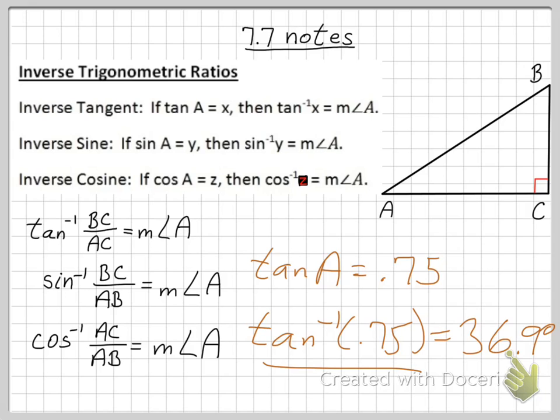So if you press the second button, then the inverse tangent button, and then 0.75, your calculator will tell you 36.9. You have to use your calculators to get these inverse ratios to find these angles. That's the only way we really know how to do it in classes. So that's how you would use inverse tan, by using your calculators.